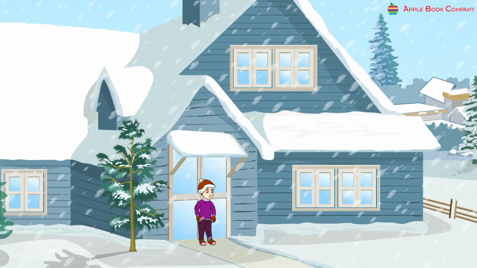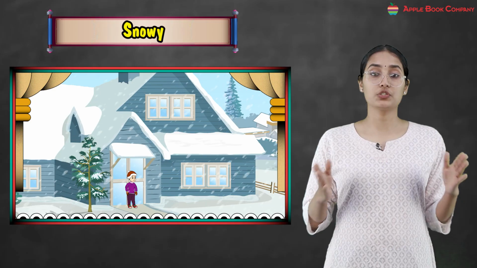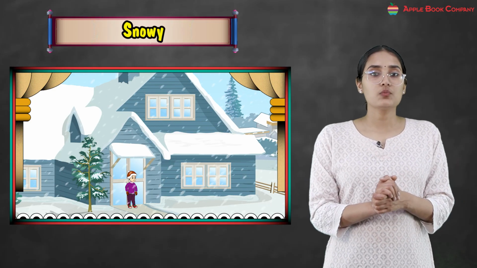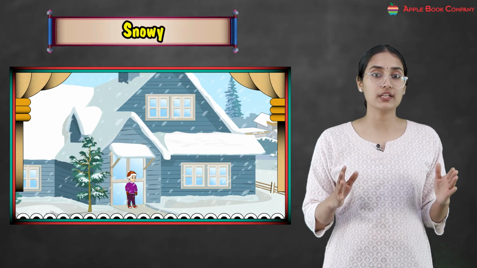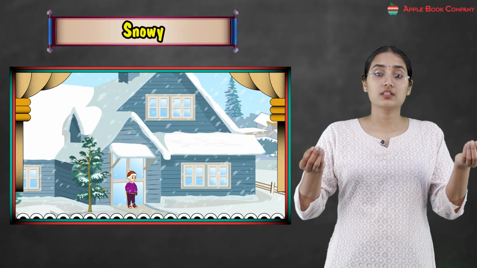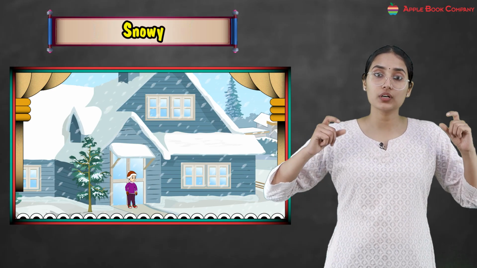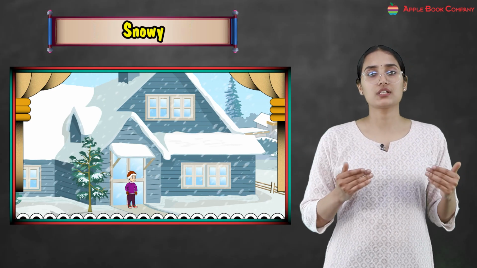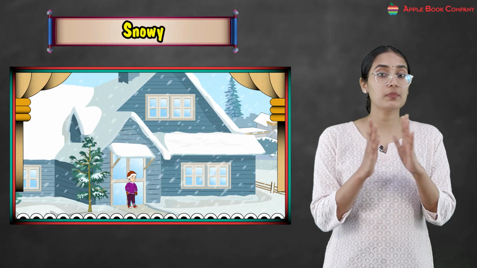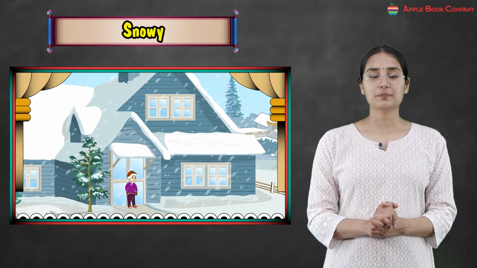Snowflakes fall from the sky covering the ground in white. During this time the temperature is very low, right? The raindrops get converted into snow. They freeze and then they fall from the sky. So can you imagine the temperature during these times?